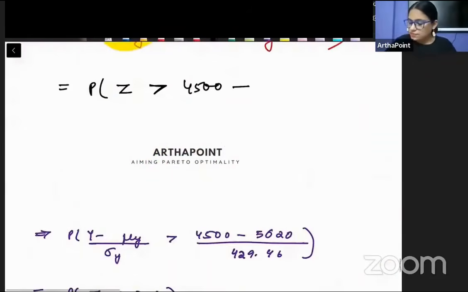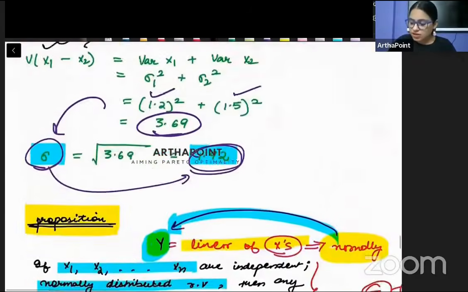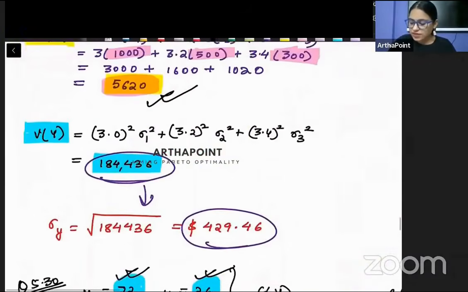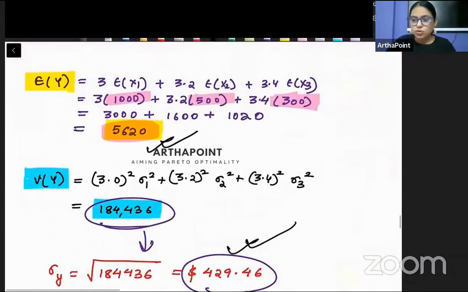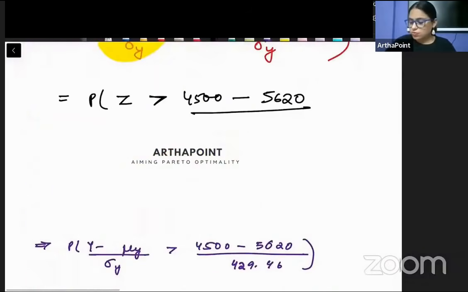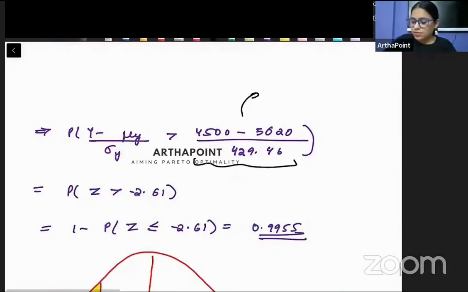So minus 5620. And what standard deviation did we calculate? 429.46. So upon 429.46. When you solve this, you will get probability z greater than minus 2.61.